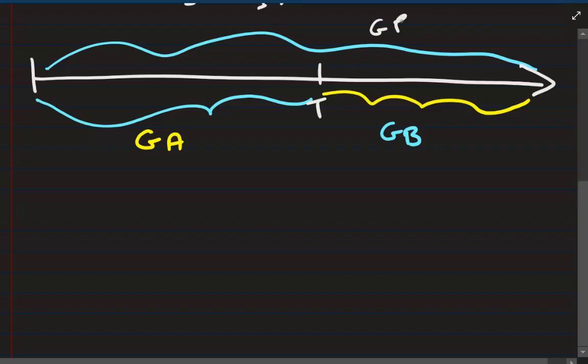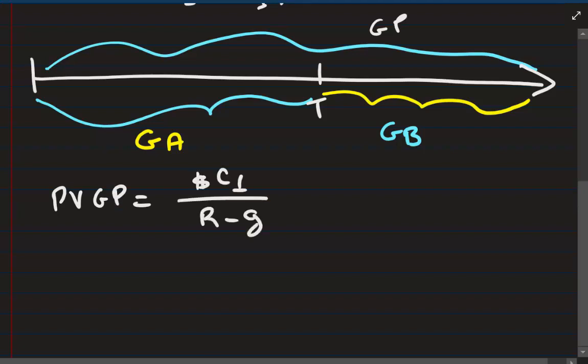Now, we know how to calculate the present value of a growing perpetuity. You already watched that video. So the present value of a growing perpetuity is the first period payment divided by R minus G. That's good. So if you can come up with a formula for the present value of GB, we're home. Then the present value of GA, or the growing annuity, is the difference between the two. Notice that GB is also a growing perpetuity that starts its first payment at time t plus 1.